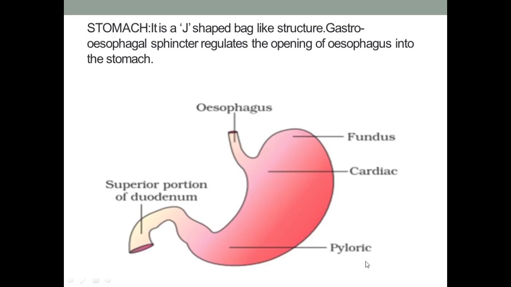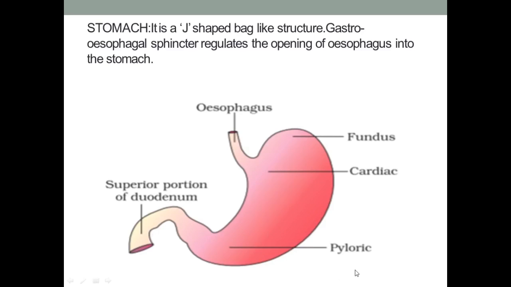As you know, you can see here, the first part of the small intestine is the duodenum, which is the superior portion of the duodenum. The pyloric portion opens into the superior portion of the duodenum by the pyloric sphincter. This pyloric sphincter regulates the opening of the pylorus into the duodenum, and it prevents partially digested food and digestive juices from re-entering the stomach.